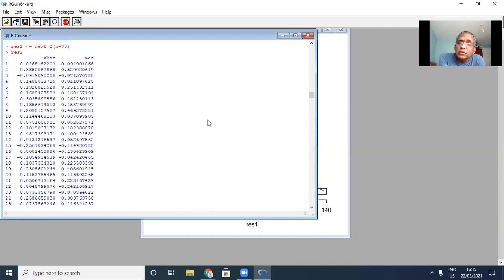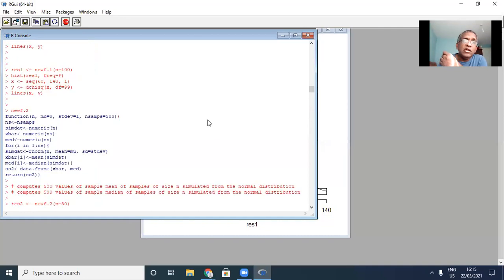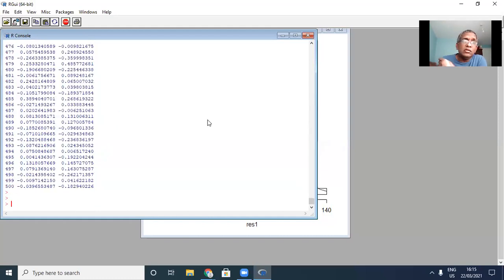So there are two columns of numbers, and each column is of length 500, because as I said earlier, we are simulating 500 samples, each of size n. And for each of the samples, we are computing the sample mean and the sample median, and these are the values.